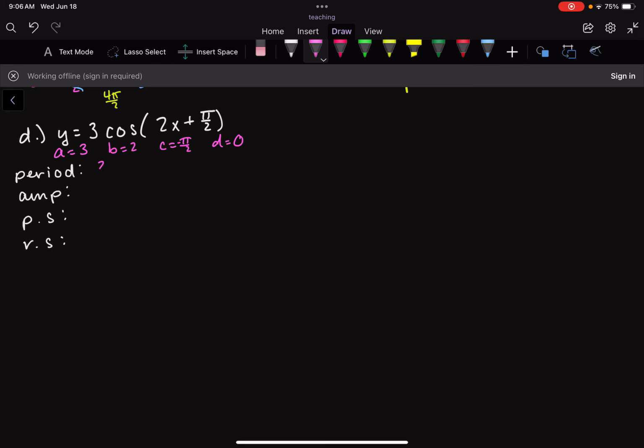Period would be 2 pi over 2, so that's going to be just pi, so that's the same. Amplitude is going to be A, so that's just 3. Phase shift is the only thing that changes a little, so it's negative pi over 2 over 2, so that's going to become negative pi over 4. My vertical shift, I've got none.